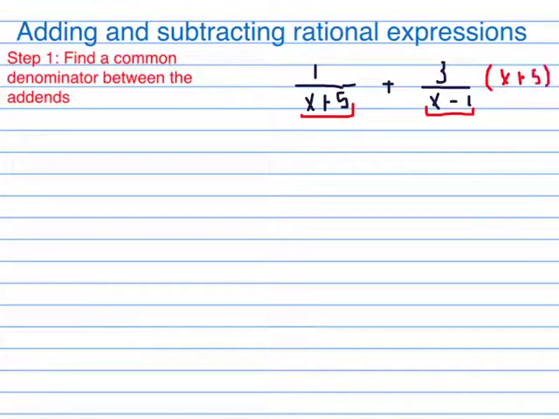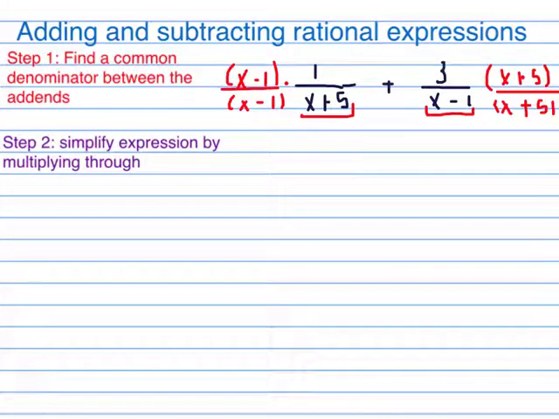So what I'm going to do is I'm going to add an x plus 5 over x plus 5 on the right side. And then to balance the left side out, I need an x minus 1. There we go. So then, after you have that common denominator, you need to multiply that through.